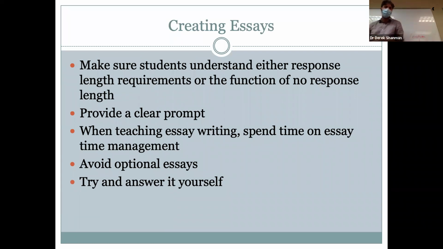Last couple of pieces. So when you are creating essays, make sure your students understand the response requirement lengths or the function of not having a length, right? So that's kind of what I was talking about before, expanded out. Whenever I give any sort of written-based project, I can't think, I could be wrong, there might be a couple out there, but I can't think of very many, if any, projects where I give that response length, right?